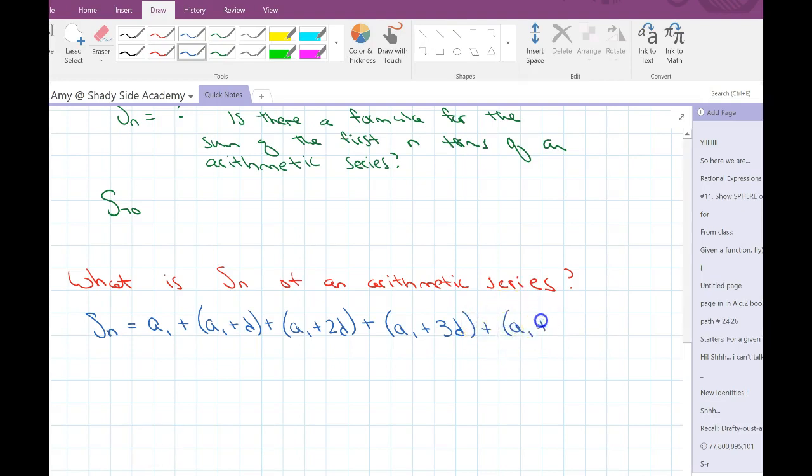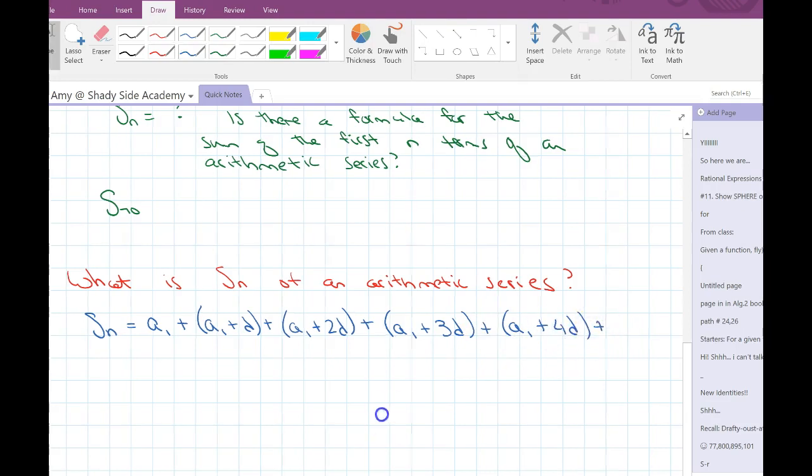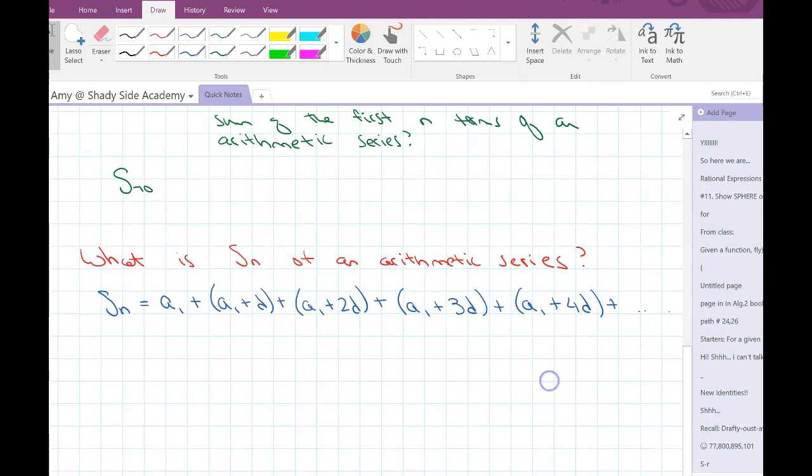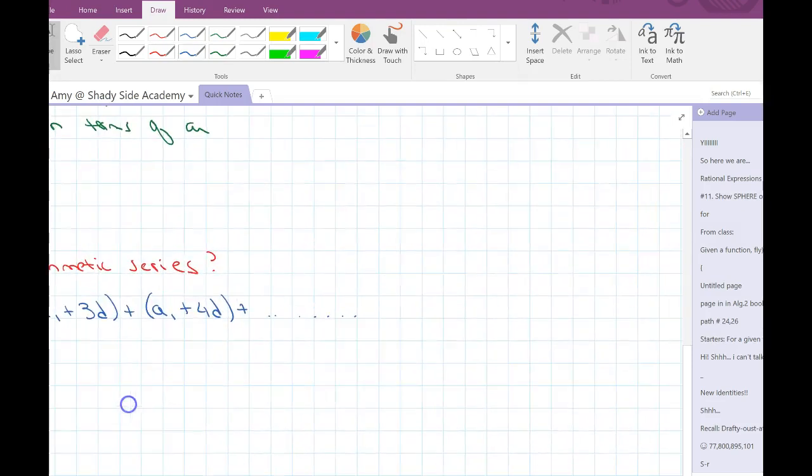A sub 1 plus 4 of the constant differences, plus and so on. Let's go to the very last term, and careful here. If we're looking at the summation of n terms, the last term is going to be the nth term. So while I've called this a sub 1, and then a sub 1 plus d, a sub 1 plus 2d, a sub 1 plus 3d, my very last term is going to be a sub 1 plus how many d's?